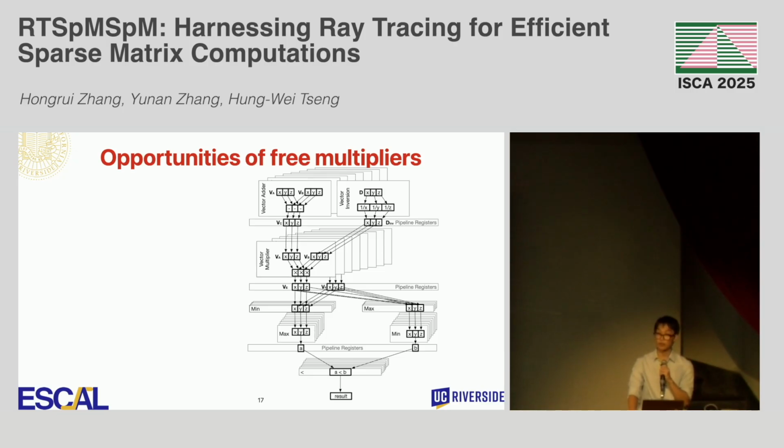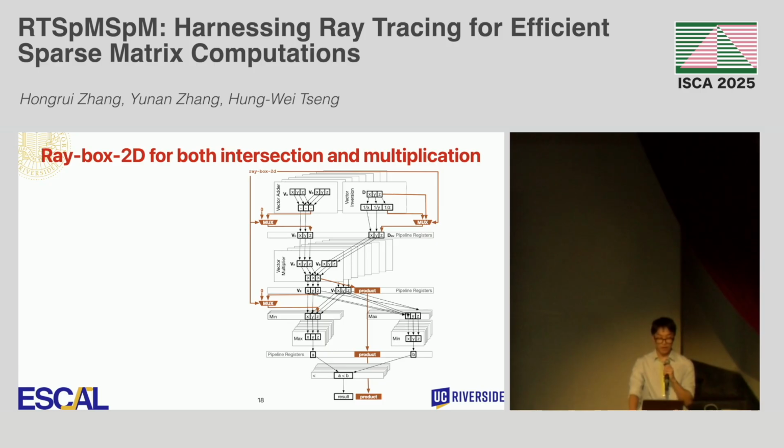Thus, we can leverage that. Therefore, we add an additional control signal and wires to support a RayBox 2D operation that can perform intersection on 2D coordinates, but also perform multiplication that can propagate to the end of the pipeline for accumulation.